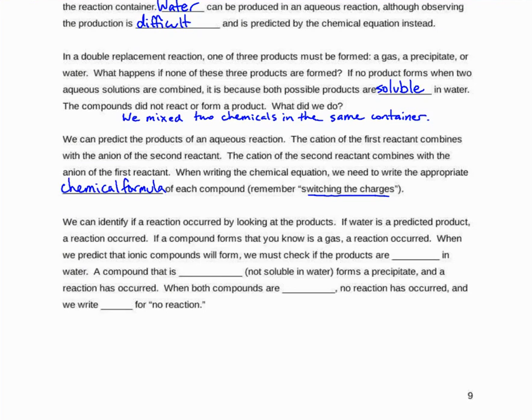When we predict that ionic compounds form, we have to check if the products are soluble in water. A compound that is insoluble forms a precipitate. A reaction has occurred. Remember, a precipitate is a solid.